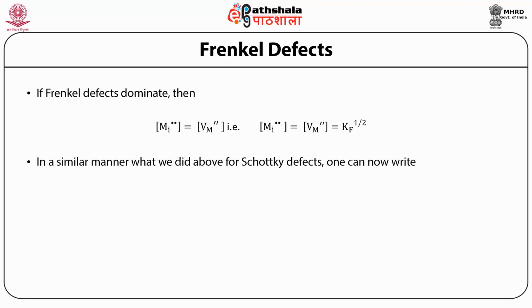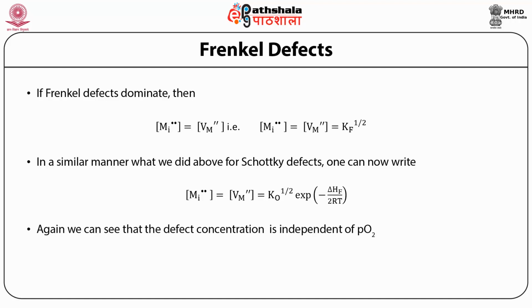In a similar manner to what we did above for Schottky defects, we can now write the expression: the concentration of Mi double dot is equal to the concentration of VM double prime, which comes out to be K naught to the power 1 by 2 exponential of minus delta Hf by 2RT. Again, we can see that the defect concentration is independent of O2.